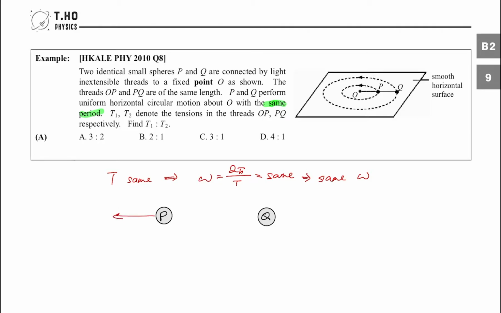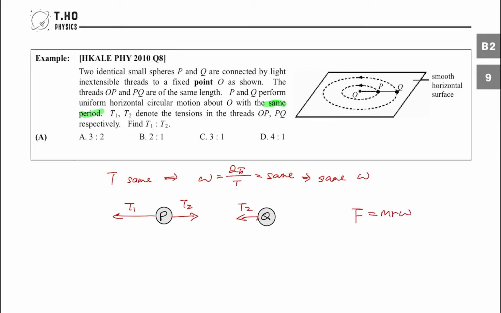So we have P and Q. P is pulled to the left hand side by T1 and pulled to the right hand side by T2, and Q is pulled to the left hand side by T2.